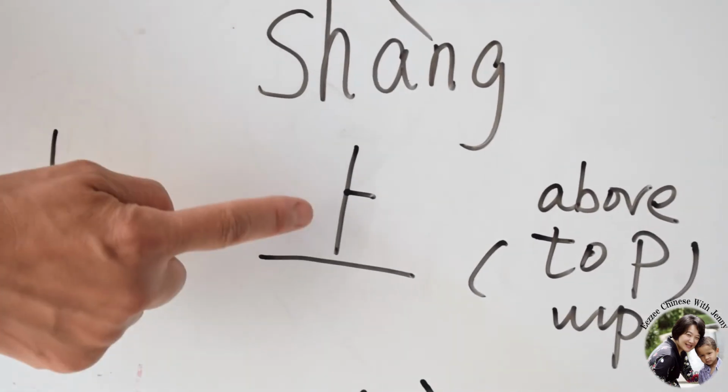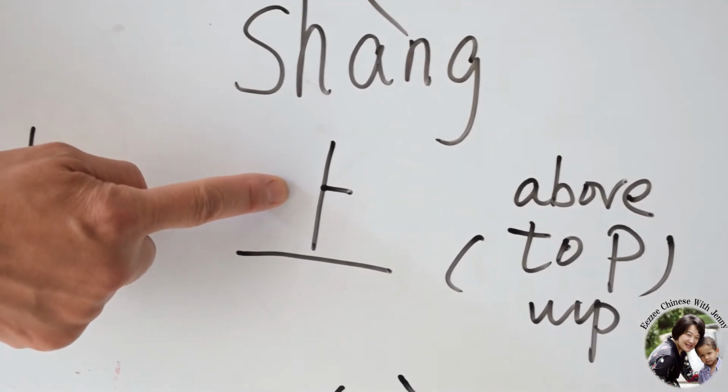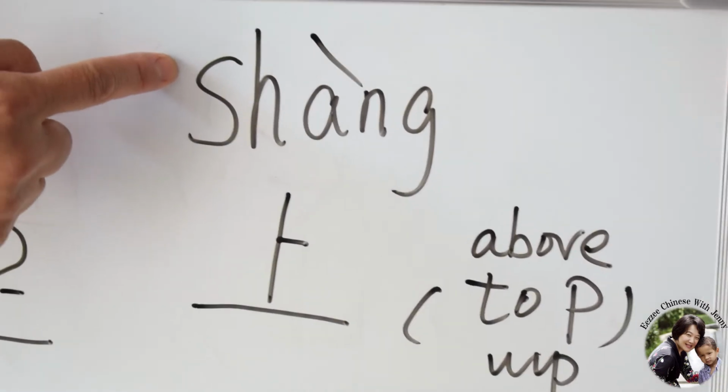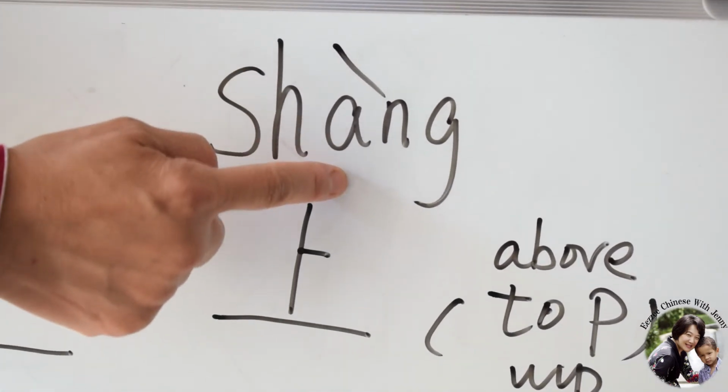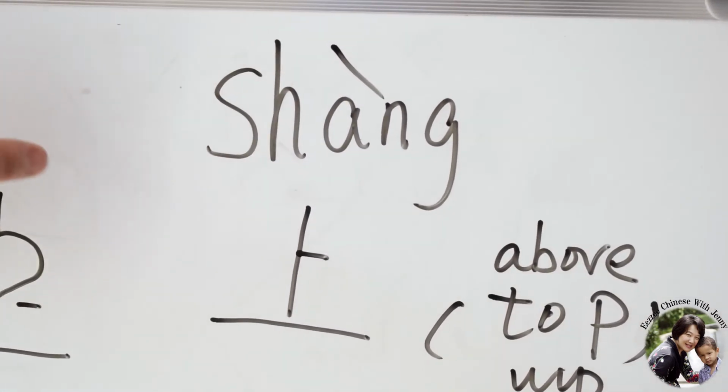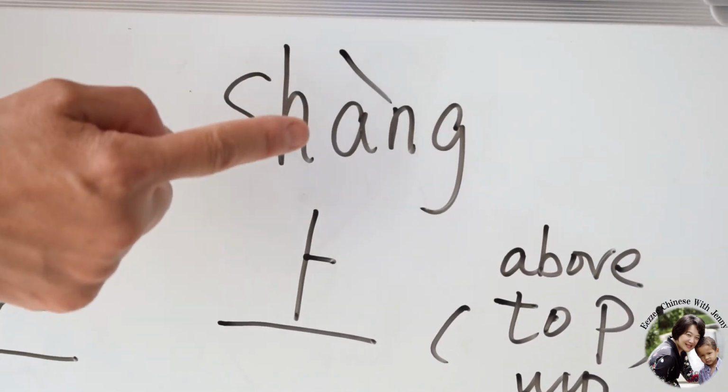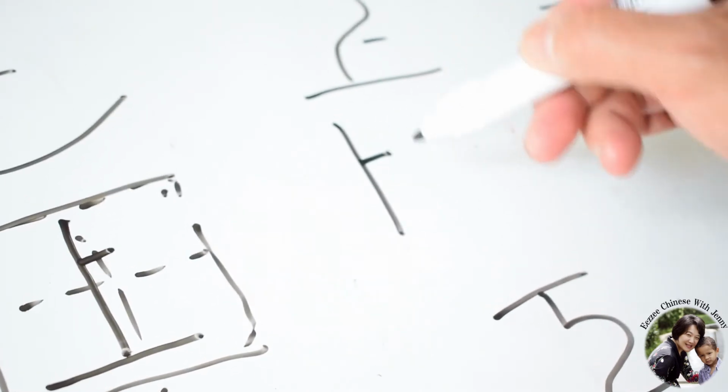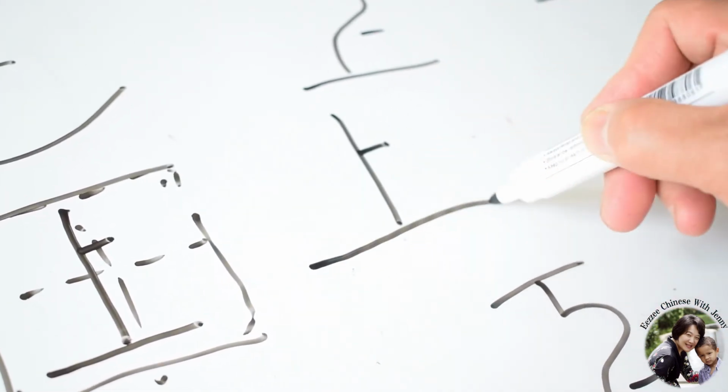It evolved to currently be shaped like this, and the pronunciation is shàng, the fourth tone. Right, first, a short stroke and then a long stroke, which means top, up, or above.